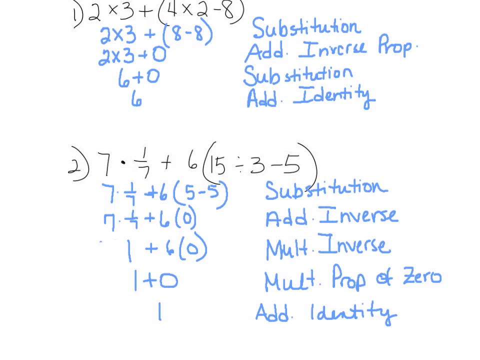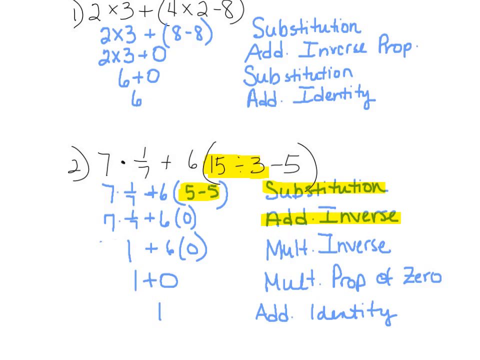So I'll go through this step by step with you. My first step here is to take 15 divided by 3 and evaluate that. So my answer is 5, and what I use there is substitution property. The next step is to subtract 5 minus 5 equals 0, and 5 and negative 5 combined is additive inverse because I'm adding opposites.